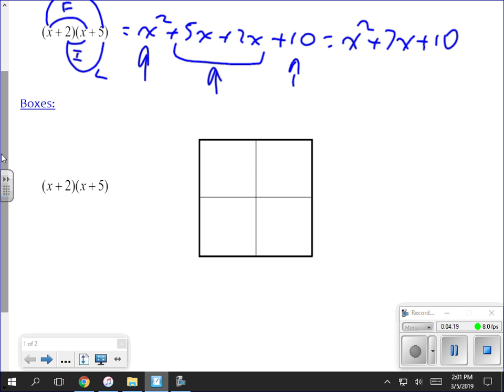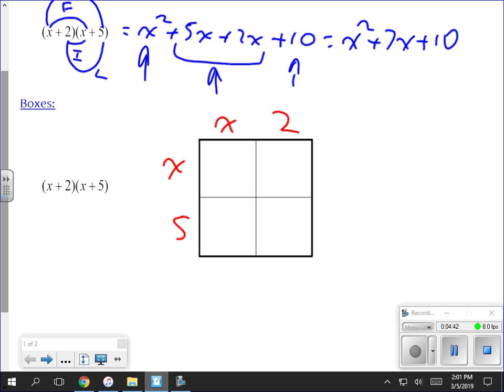I pick a side. It doesn't matter whether it's the top or the front. I put x and 2, the two things I'm multiplying in the first binomial. And then the other one, x plus 5. I put x, I put 5.